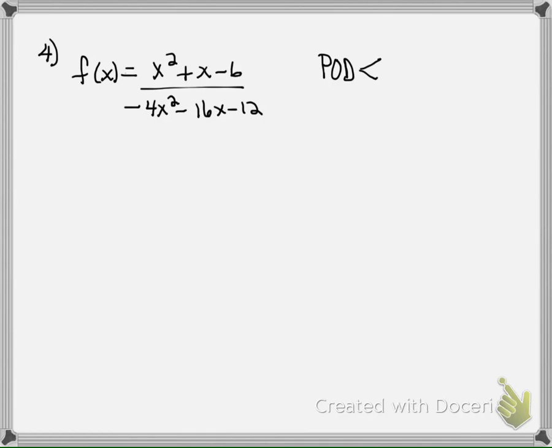You can actually write this out for every problem. POD, point of discontinuity, holes, vertical asymptote, x-intercept, horizontal asymptote. And that's what you need for every problem.